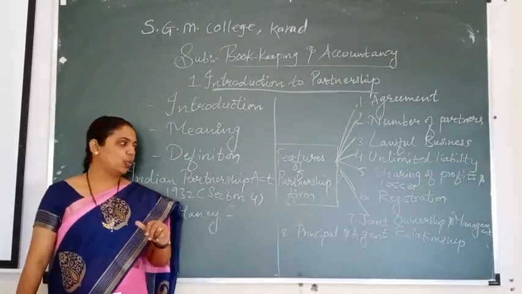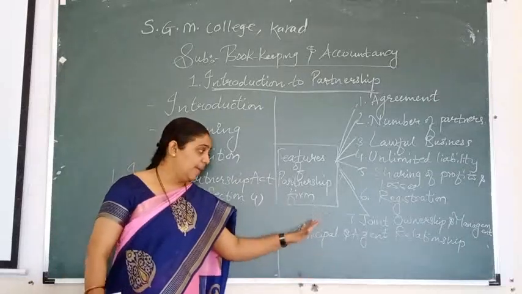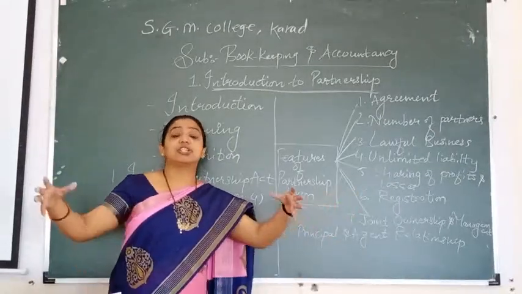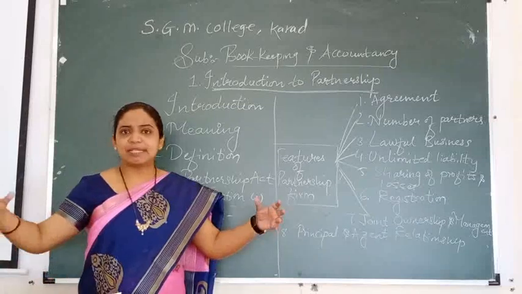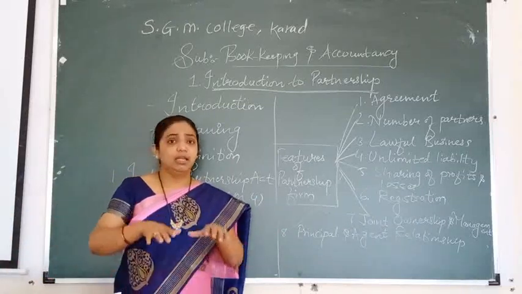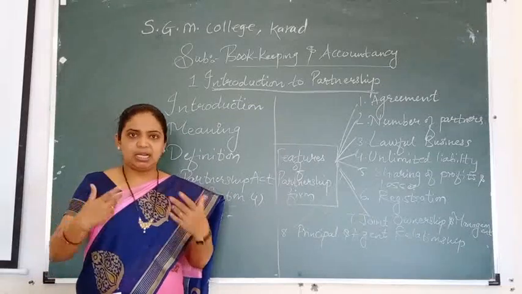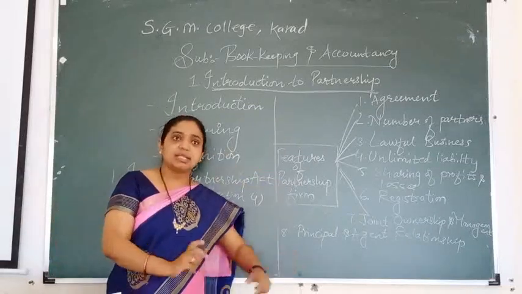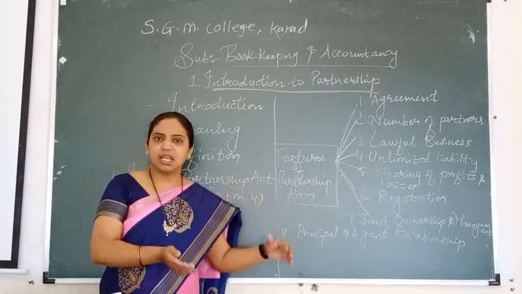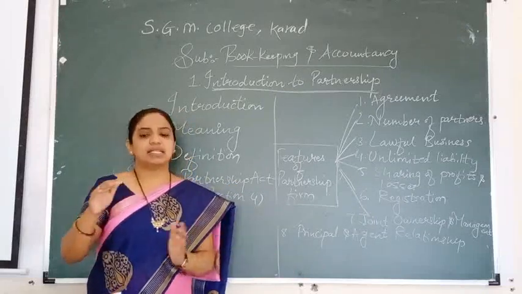Twofold capacity means, as the name itself says, principal and agent relationship is built up between the partners. Sometimes one partner acts as a principal and another partner acts as an agent, and sometimes the other way around.